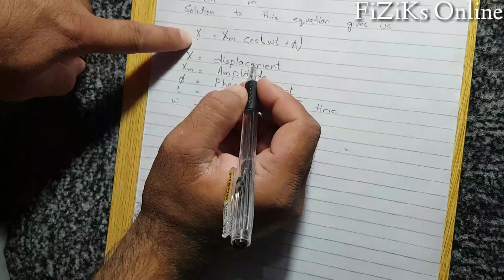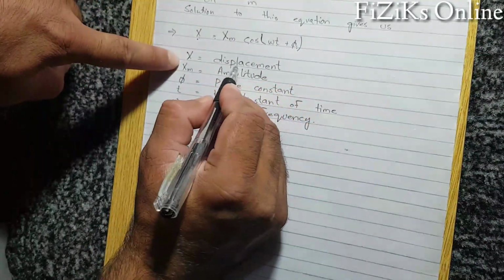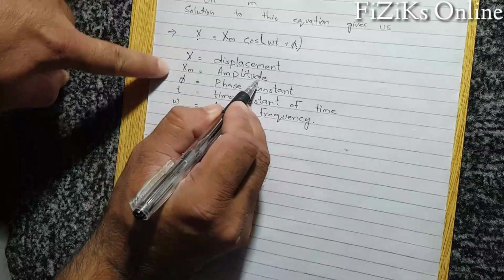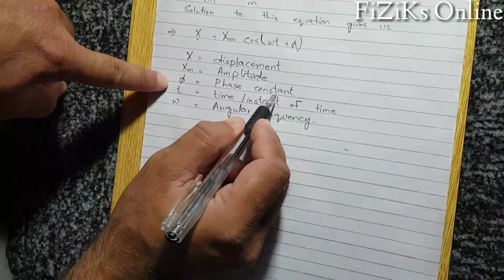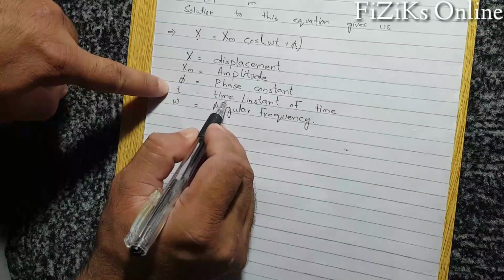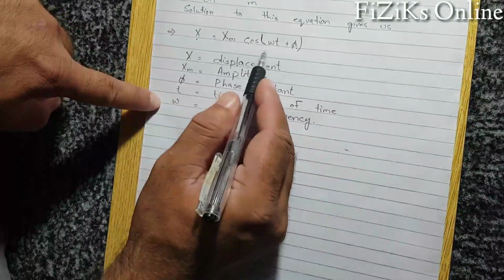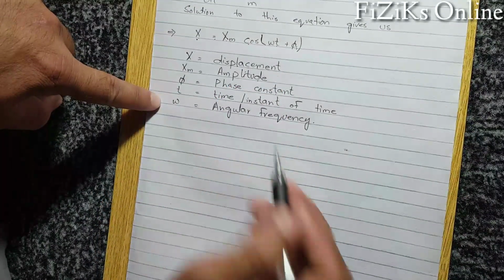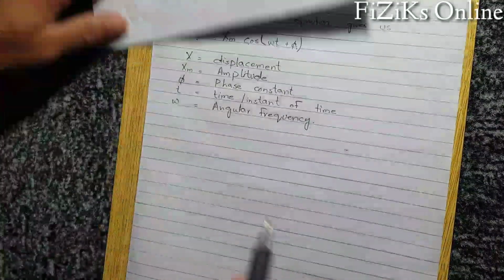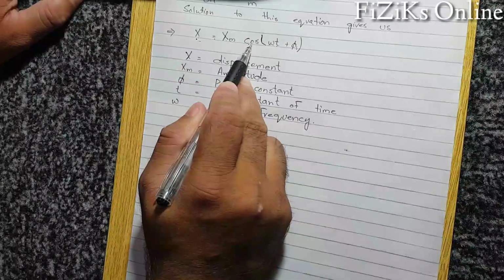It is the equation for displacement, where x is the displacement, xm is the amplitude, phi is the phase constant, t is the time or instant of time, and omega is the angular frequency. This is the equation of displacement.